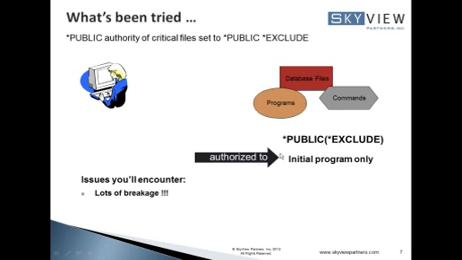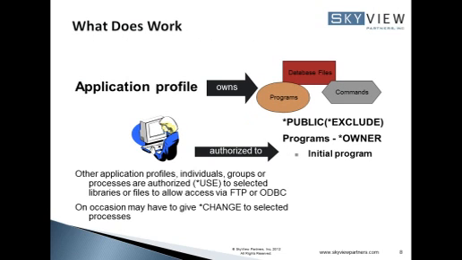Well, it breaks because there are legitimate reasons why some people and some processes may need to access that data from outside of the application. So the methodology that we use at Skyview Partners is that the programs are changed to adopt authority. There's an application profile, and it owns all of the programs, all of the application objects.